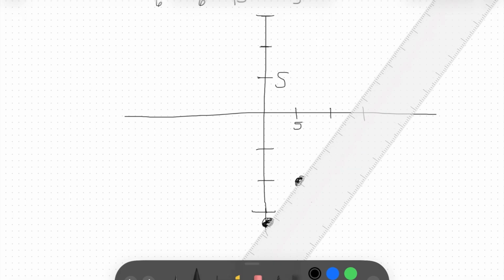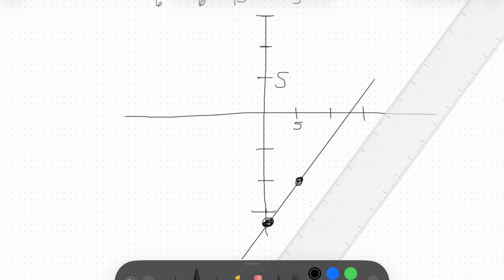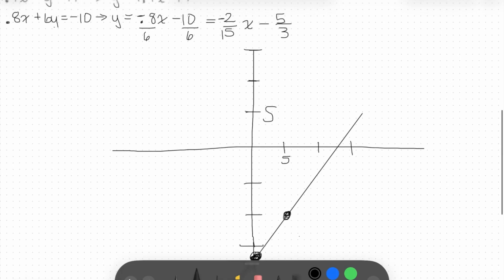All right, so I'm going to connect those 2 points. Doing a ruler here, all right, there we go. So the 2 points are connected to make the line.